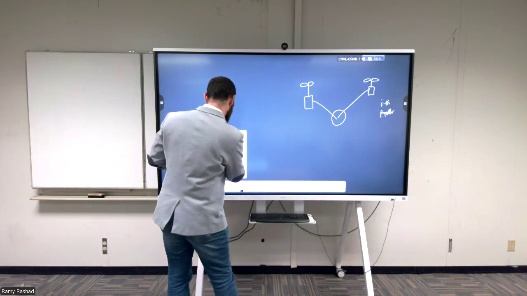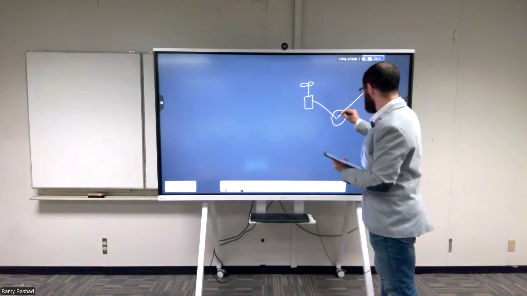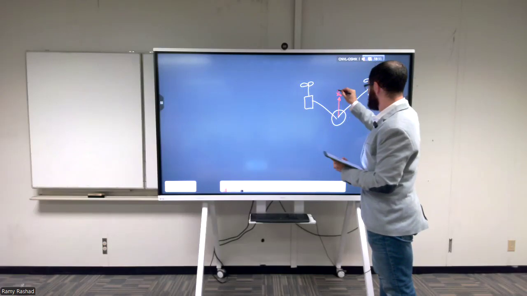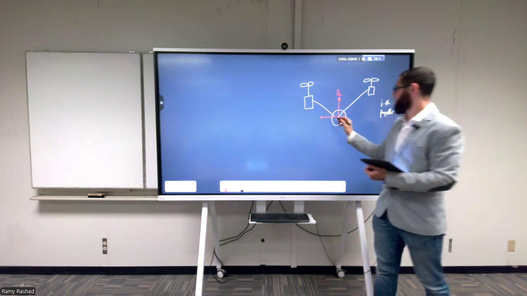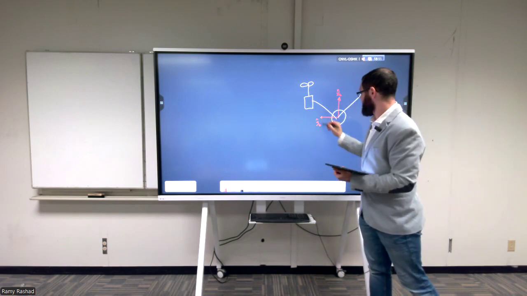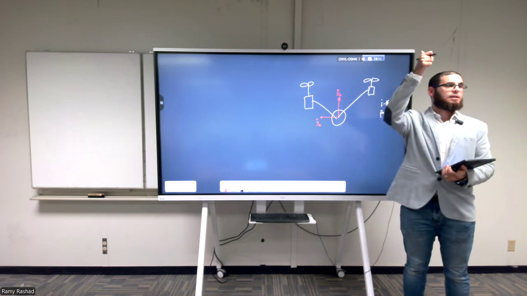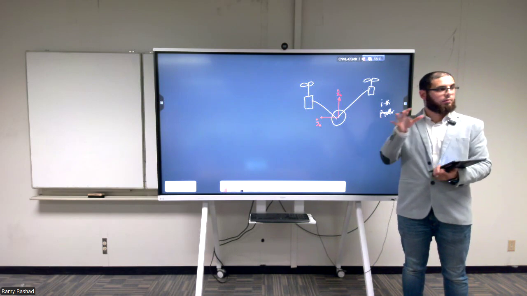Now let's put the frames. The way we're going to be putting the frames is as follows. We're going to choose that this is XB hat, which is the forward of the drone, and YB hat is the left of the drone, and then Z is up. This is what you define on the robot itself.